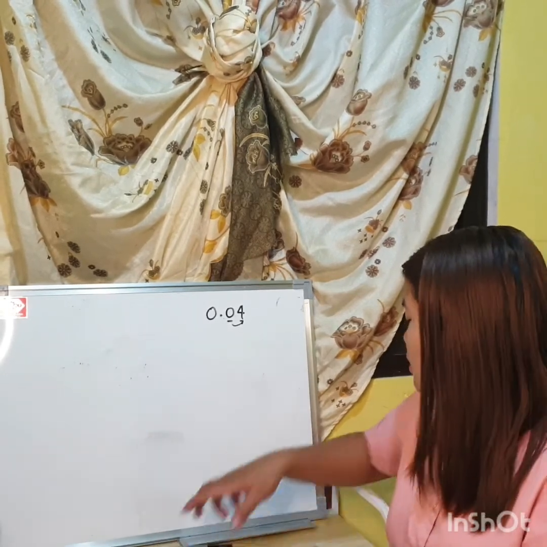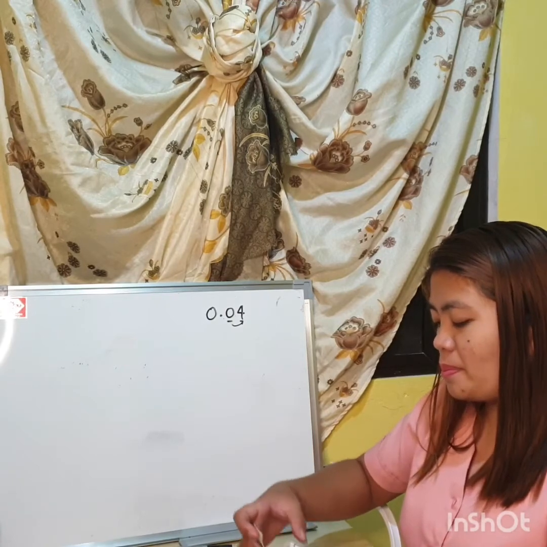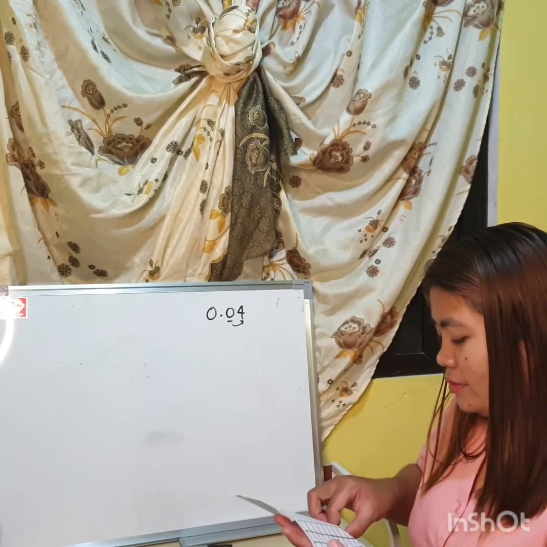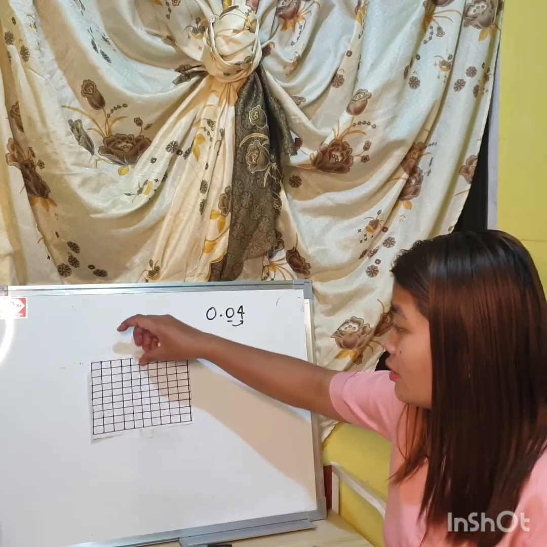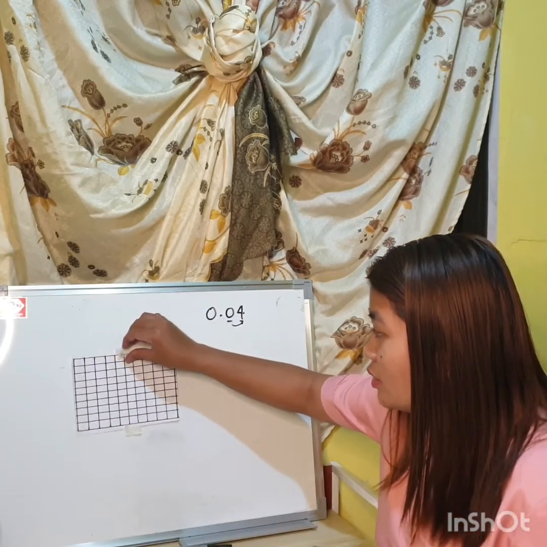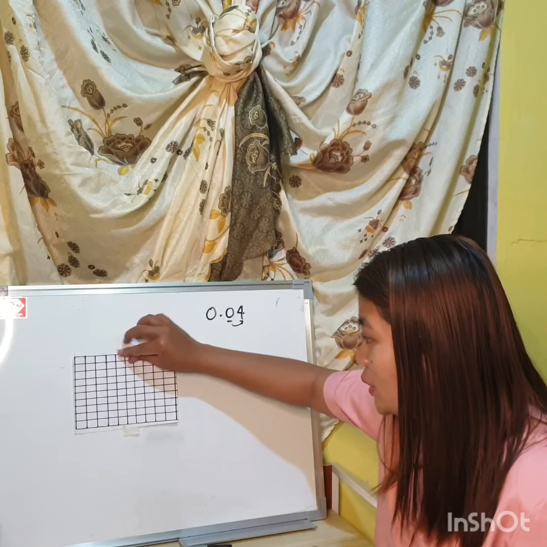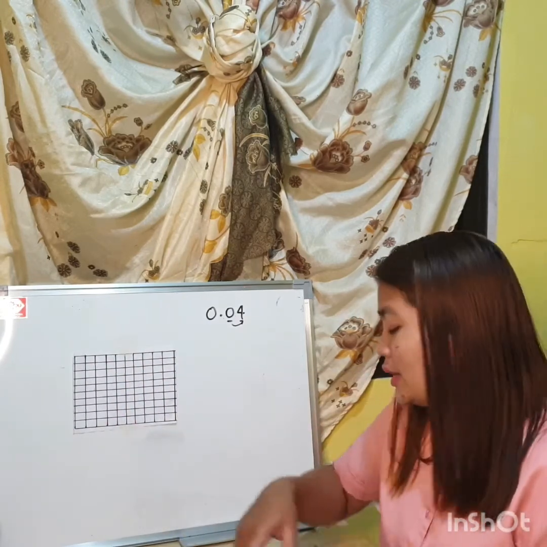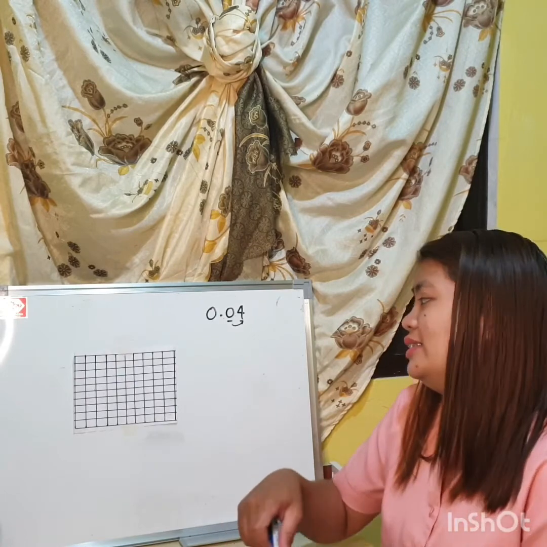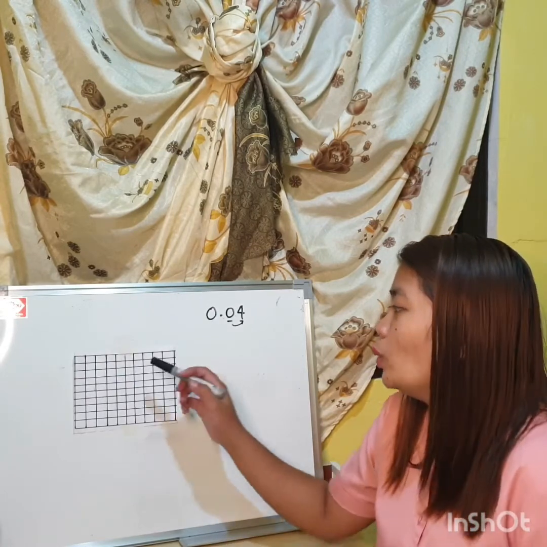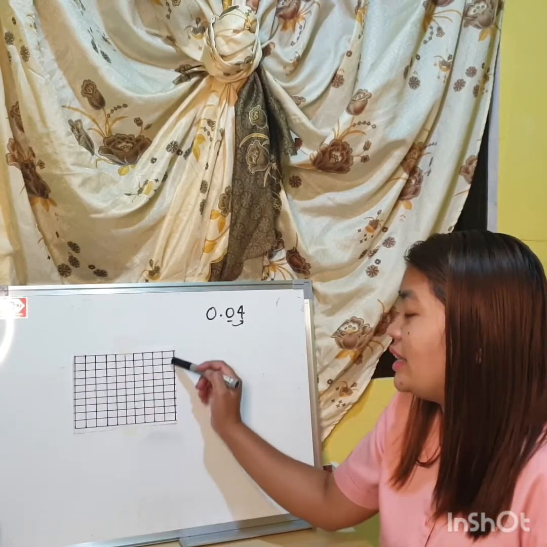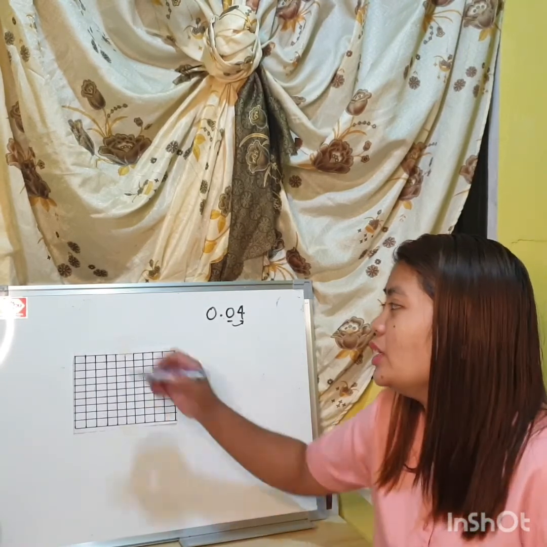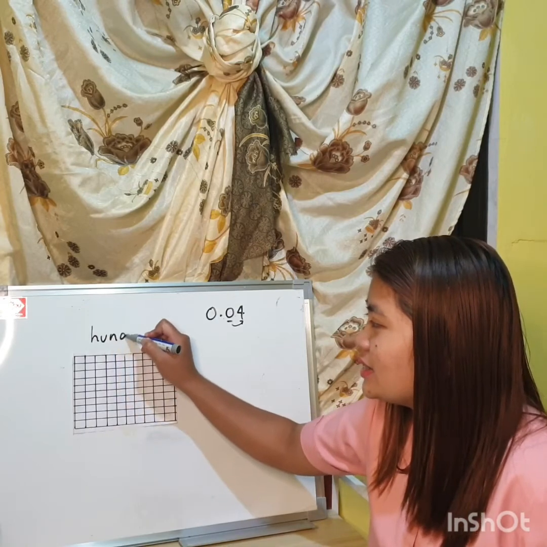So, ipakita ko po sa inyo kung paano ang 4 hundredths. Okay. Again, 1 unit. Ito pong buong papel na to, siya po is hinati ko sa 100 or 100 parts. So, 1 unit is divided into 100 parts para ipakita po natin yung hundredths.